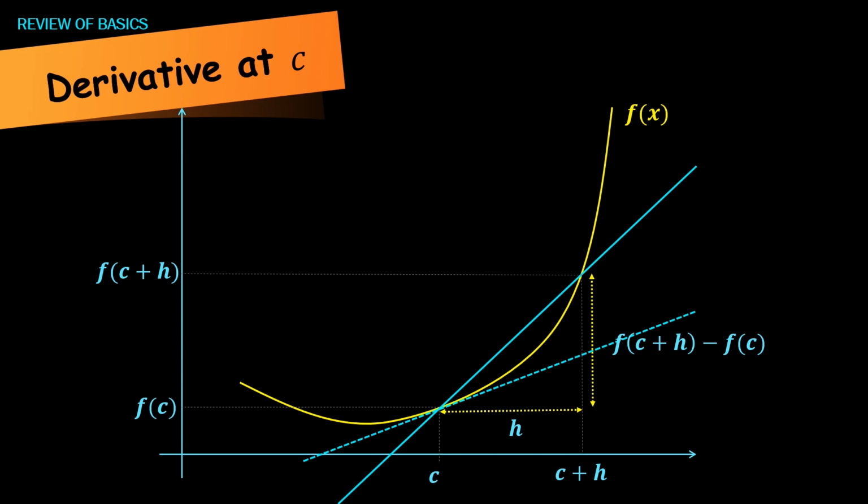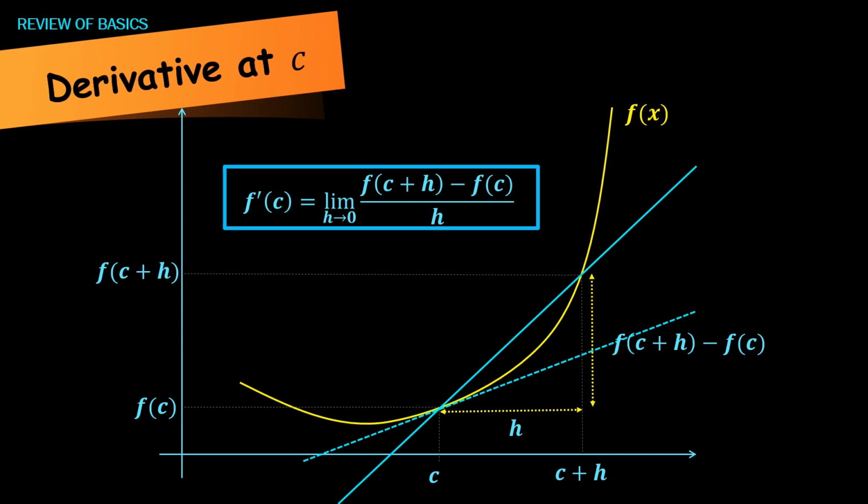So as h gets closer and closer to 0, the gradient of the thick red line approaches the gradient of the line at C, as you can see. So we can write this as the derivative of f at C is the limit as h tends to 0 of f of c plus h minus f of c over h.